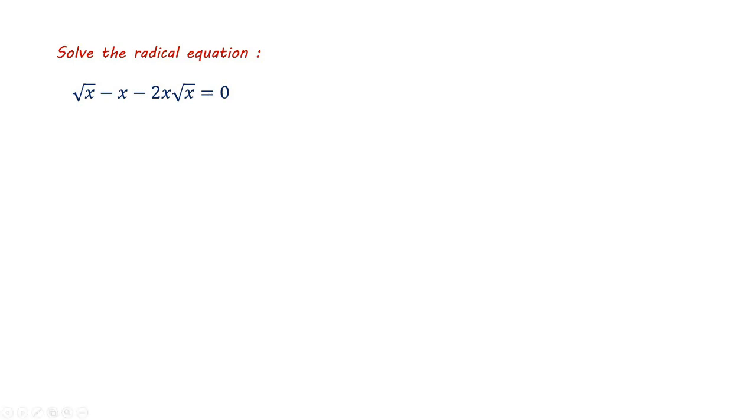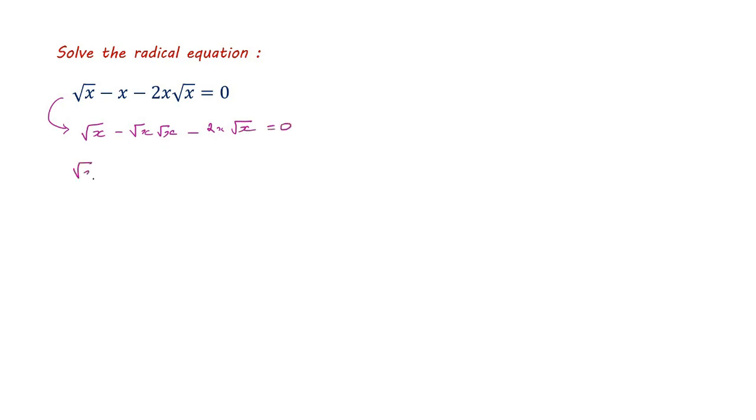Now let us solve this problem. The given equation can be written as root x minus 2x square root of x. This one you can write as square root of x multiplied by square root of x, minus square root of x multiplied by square root of x, minus 2x square root of x is equal to 0.